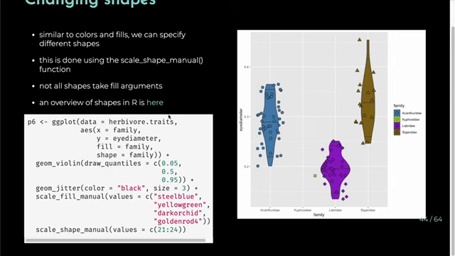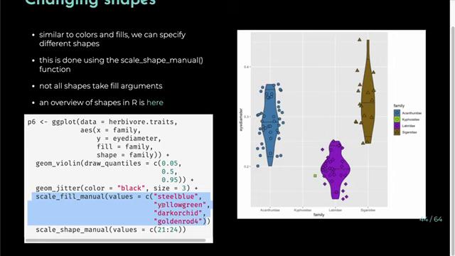And because they are fillable, the fill argument right here, fill equals family, applies to these shapes as well. So they're being filled with the same color. I don't have to rehash this. It just takes the same fill color values for the shapes as well.